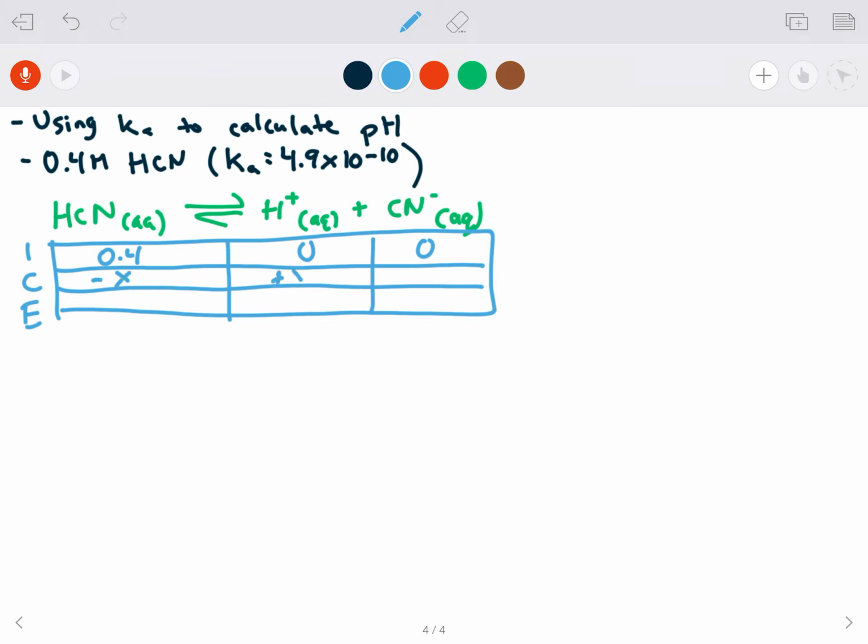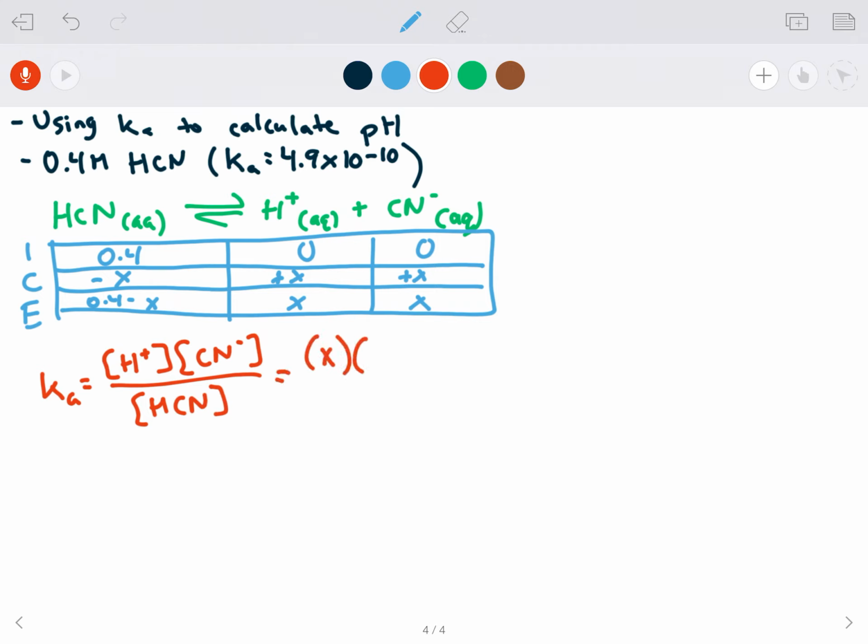I'm going to lose X, plus X, plus X to give me 0.4 minus X, X, and X. So now I can say Ka is equal to the concentration of H plus times the concentration of CN minus over the concentration of HCN. It's going to equal X times X over 0.4 minus X.